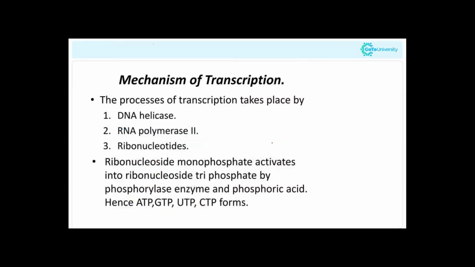Transcription is the conversion of DNA to RNA, and the enzymes required are DNA helicase, RNA polymerase 2, and ribonucleotides. The ribonucleotide monophosphates are activated into ribonucleotide triphosphates by phosphorylase enzyme and phosphoric acid, hence ATP, GTP, UTP and CTP form.